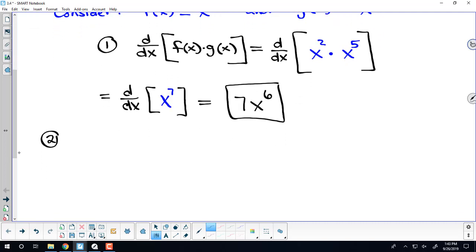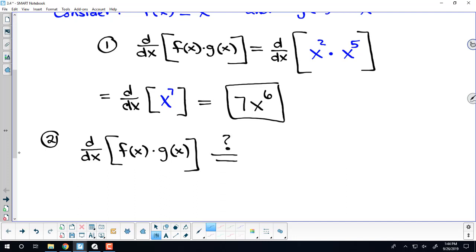So our question really is, symbolically, can I take the derivative of f times g? Which again, for this example, we know is 7x to the sixth. Is that the same thing as taking the derivative of f and then multiplying that by the derivative of g?